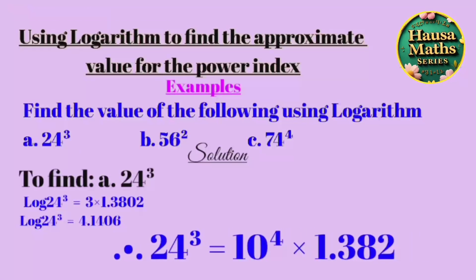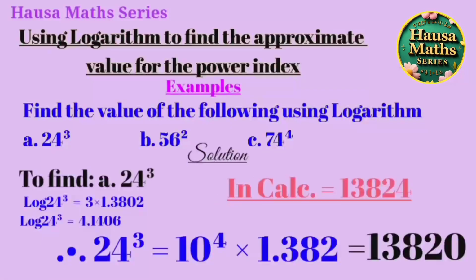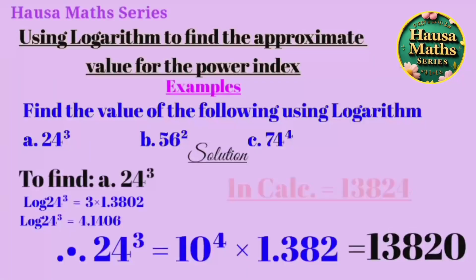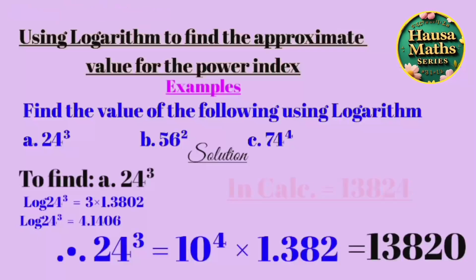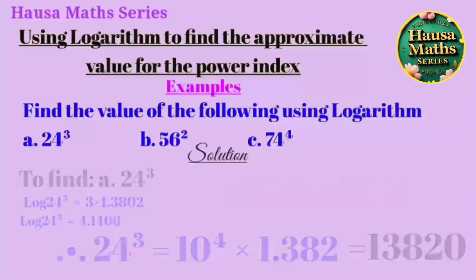If you multiply them, the answer will be 13,820. Its exact value in the calculator is 13,824, so we approximated correctly to 4 significant figures. That is how we find it with logarithm of numbers.